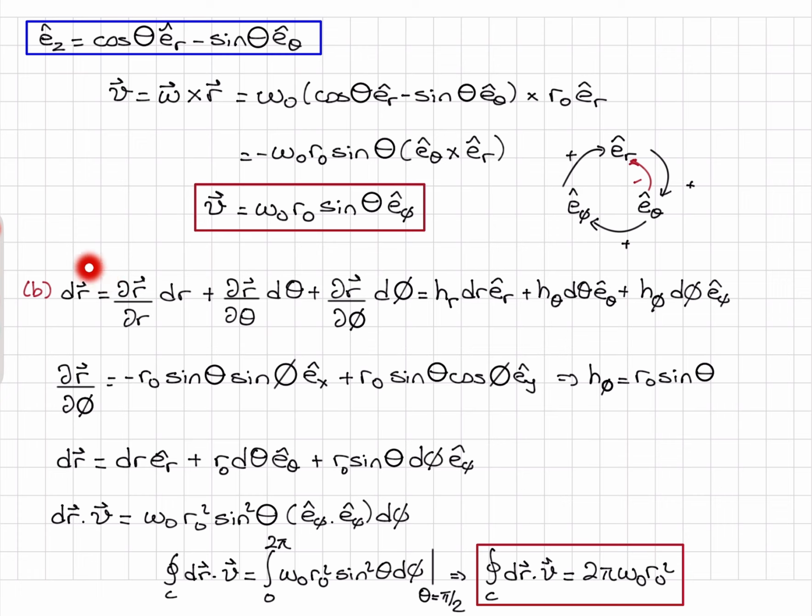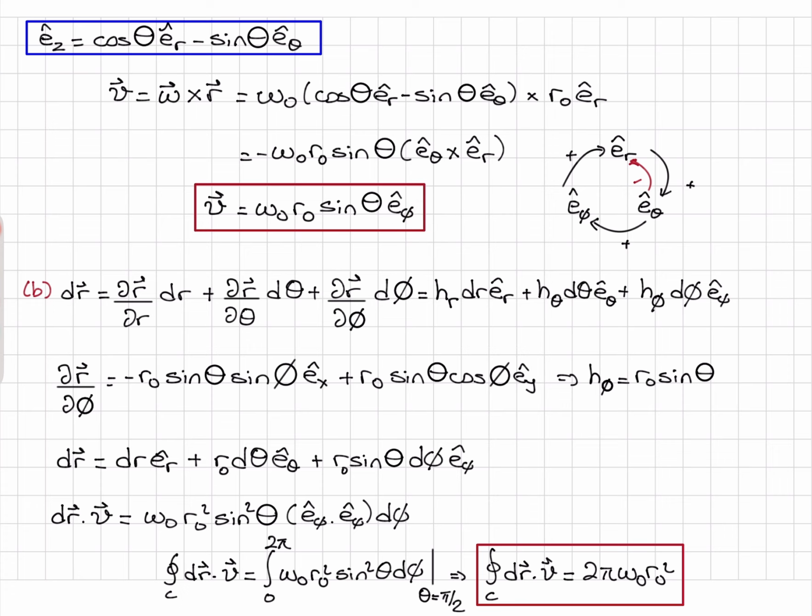The displacement vector dr is basically partial derivatives of r with respect to the coordinates multiplied by differential changes in the coordinates and adding them up. So for these I need to know the scale factors, which I did calculate. So substituting that here, this is the general expression for the differential displacement vector. When I take the dot product with v, there is only e phi hat here, so only this term counts.